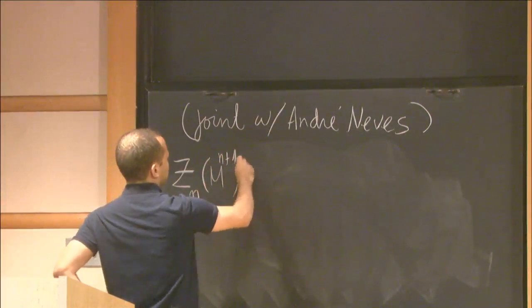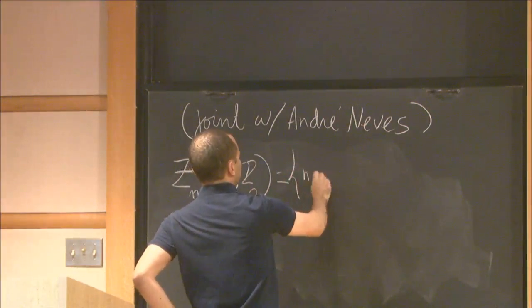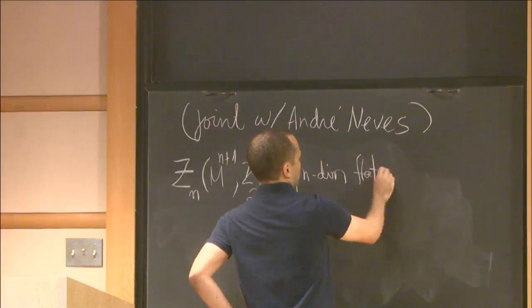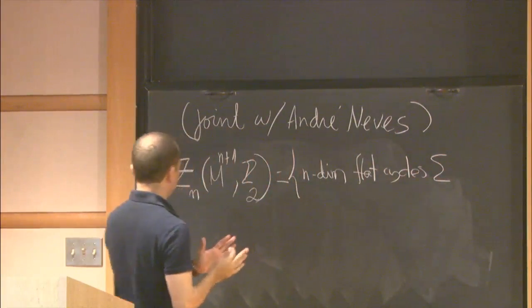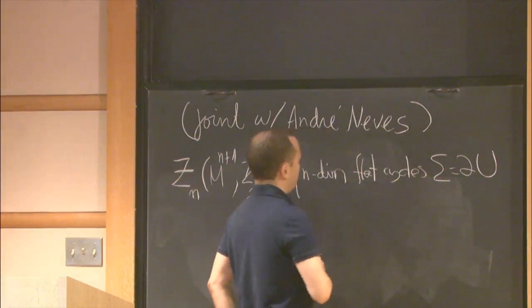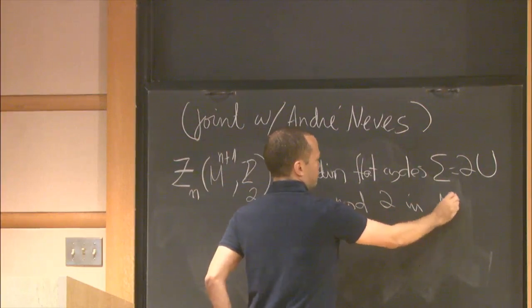So this is my notation. This is just the space of n-dimensional flat cycles. And when I look at the connected component of the zero cycle, every cycle is going to be a boundary, modulo 2 in M.